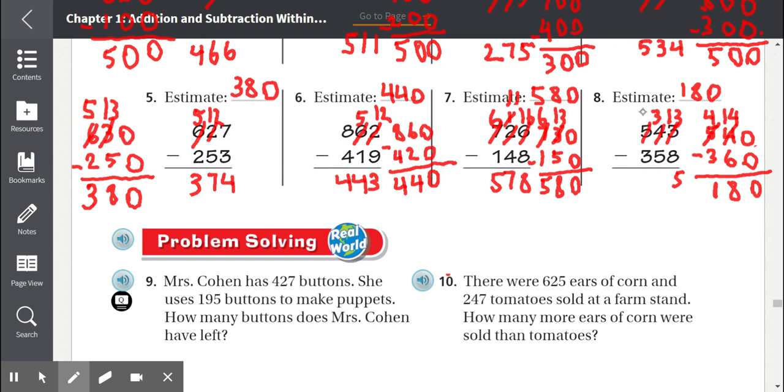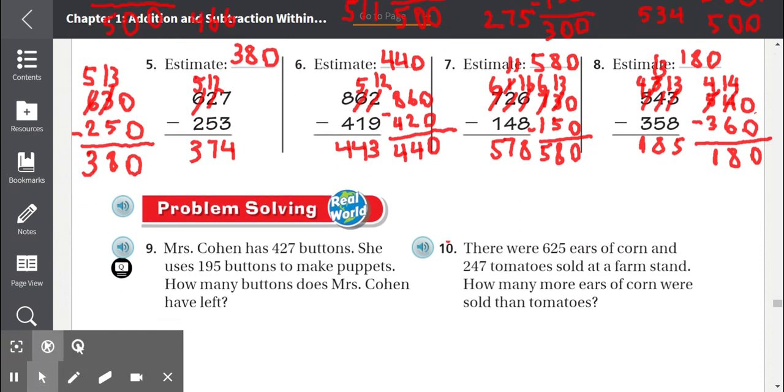Now this 5 becomes a 4, and this 3 becomes a 13. 13 minus 5 equals 8. Now, in the hundreds place, it is no longer 5 minus 3, it is 4 minus 3. 4 minus 3 is 1. So our estimate was 180 and our answer is 185.